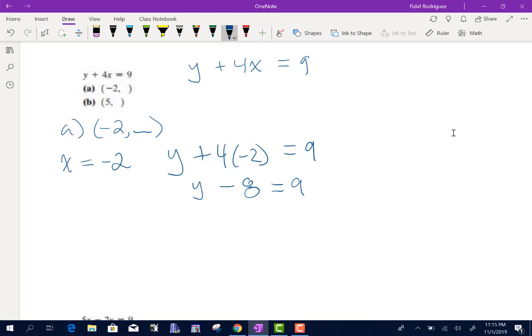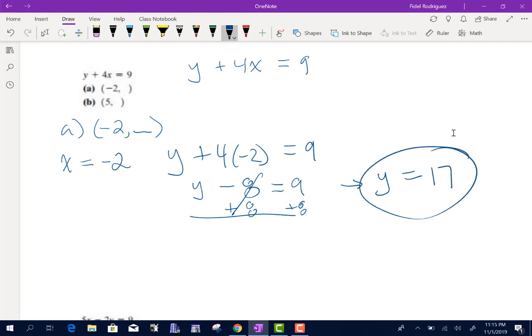And if I want to solve for y, I want to get the y by itself, I need to go ahead and add 8 to both sides. So those 8s are going to cancel. 9 and 8 would give me a total of 17. So right here, I'm going to put the number 17. Okay. All right, so guys, I'm going to do this just like we did a little while ago.